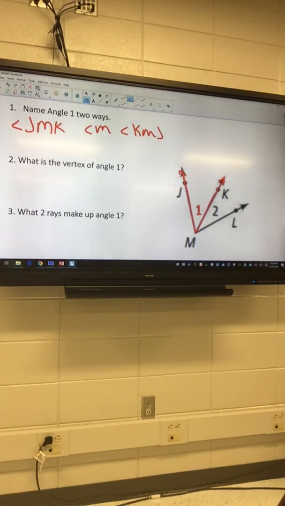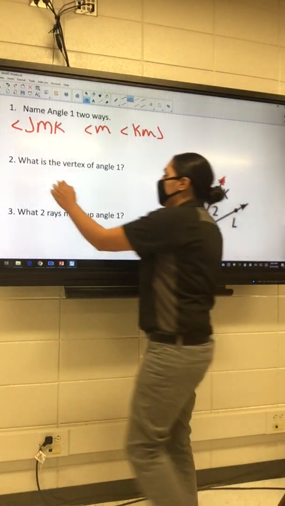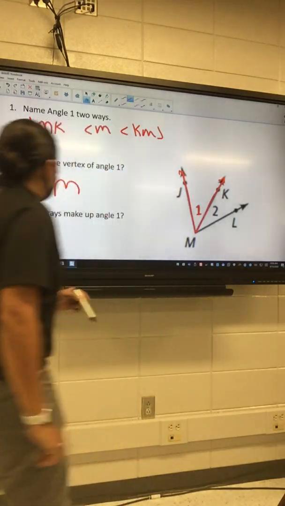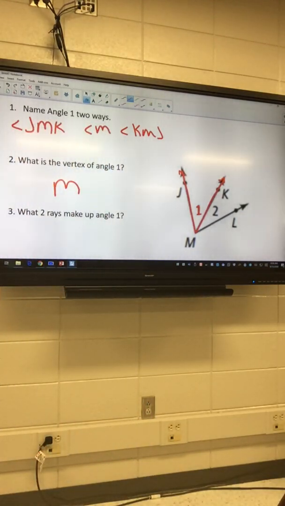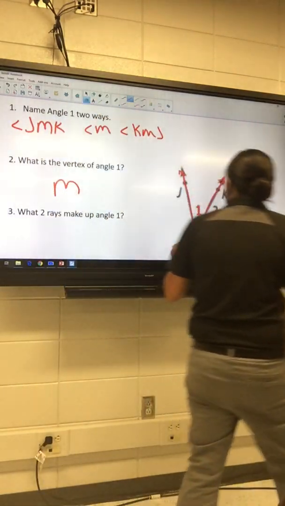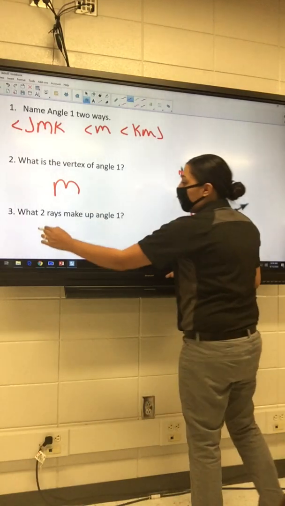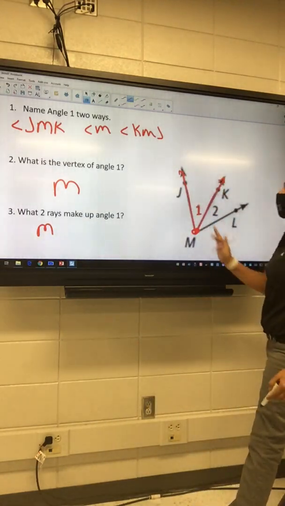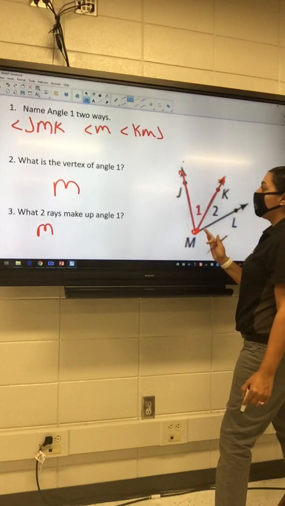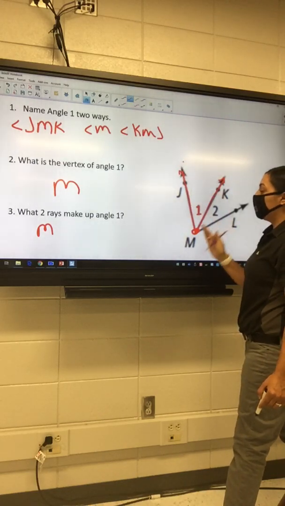What is the vertex of angle 1? M. And it says what 2 rays make up angle 1? It starts at M for sure. What direction is it going? Up. But what's the last point it goes through on this one?